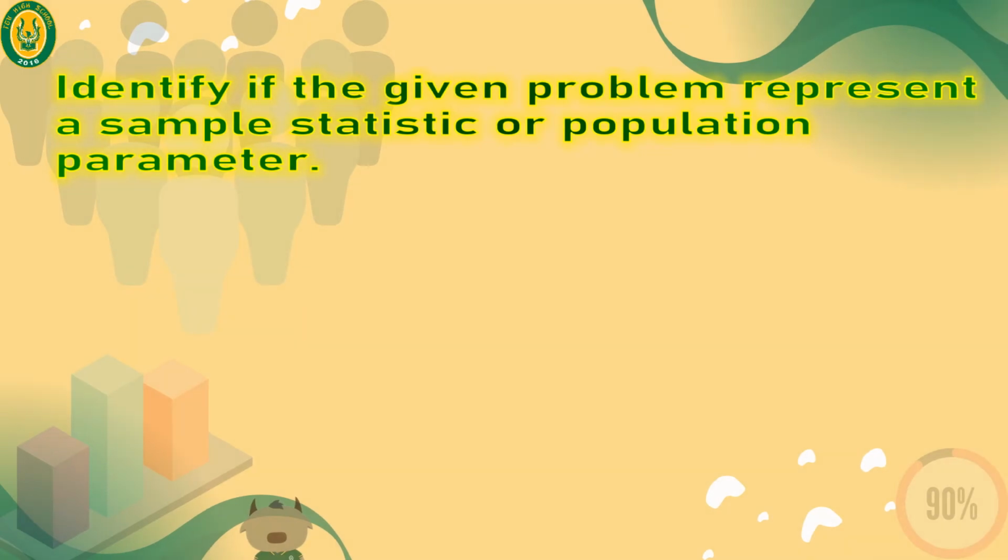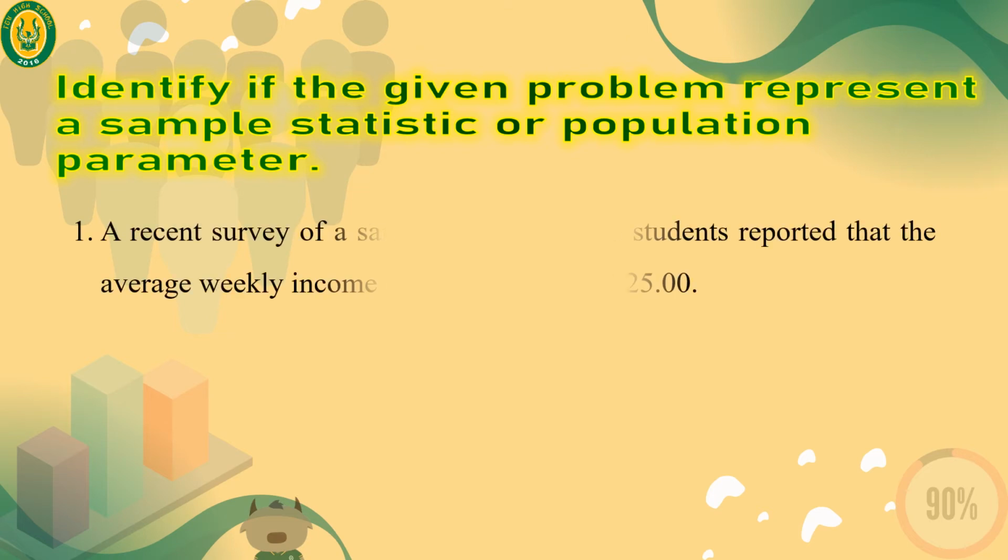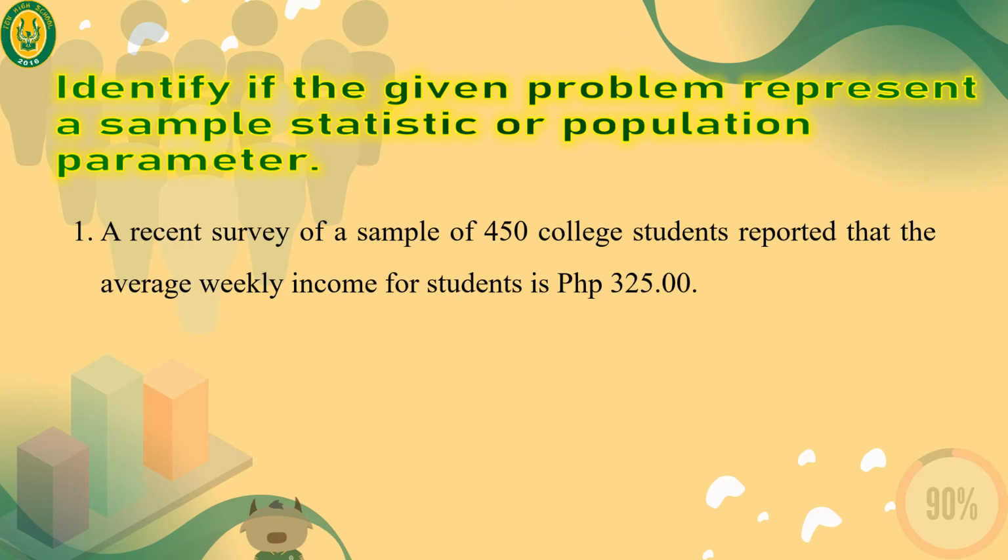Let's try to answer an example here and identify whether the problem represents a sample statistic or a population parameter. The first one: a recent survey of a sample of 450 college students reported that the average weekly income for students is 325 pesos.